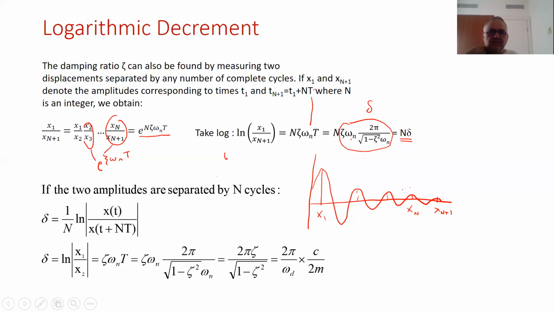So it is n times delta. So delta can be found simply by taking the ln of x of t divided by x of t plus n capital T, and multiplying it by 1 over n if there are n oscillations in between. Okay, so this is another way of finding the logarithmic decrement if the peaks are separated by several cycles.